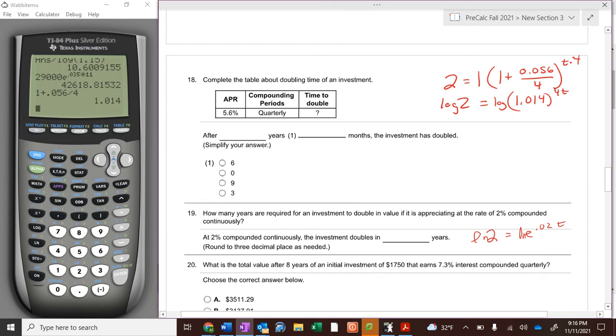Okay, and then the 4t goes out front. So the log of 2 equals 4t log 1.014. And divide by 4 log of 1.014.